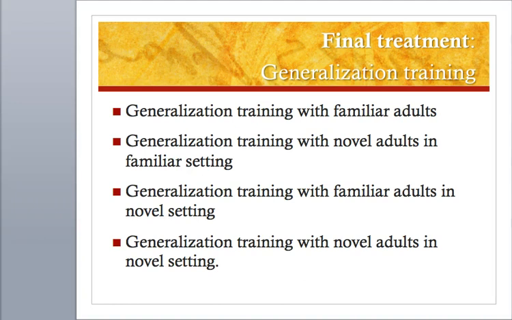Now, following treatment, generalization training is usually very important. And we've talked about this previously. Generalization training simply means that we go and we train the behavior in other locations with other people. And so they began by training him with familiar adults that he knew, and then they moved to novel adults in a familiar setting, and then they moved to familiar adults in novel settings, and finally generalization training with novel adults in novel settings.